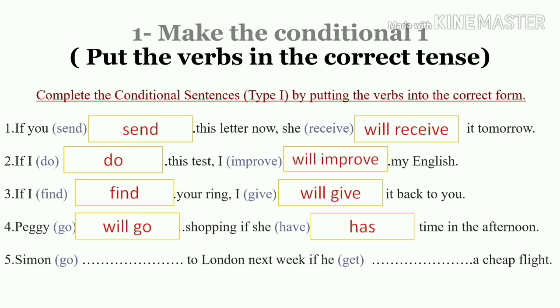When we put if in the middle, we don't put a comma in the middle of the sentence. I hope this is clear. We'll see another example. Simon will go to London next week if he gets a cheap flight. So if plus present, the result will be in the future.